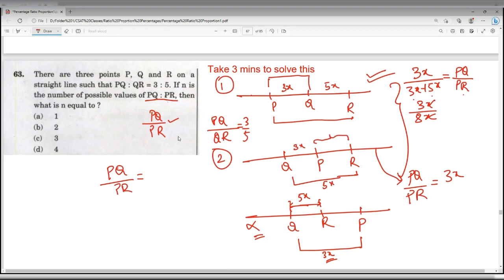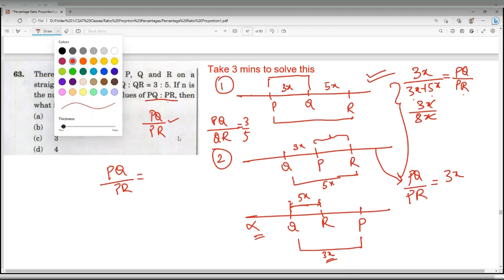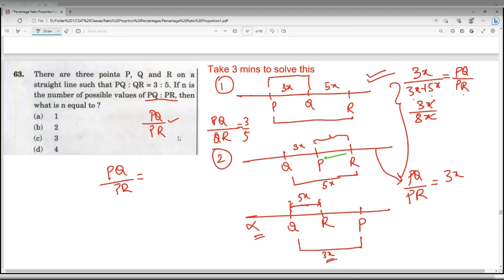So this value would be QR minus QP, the total distance here, 5x minus 3x. This is equal to 3x by 2x. This is 3 by 2.